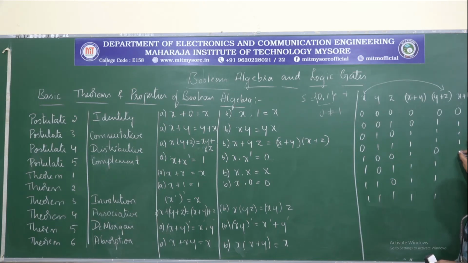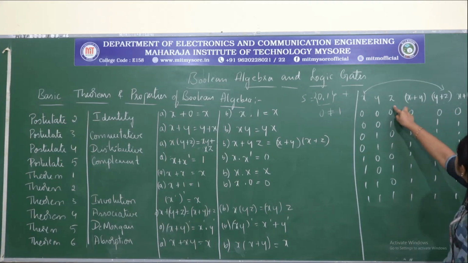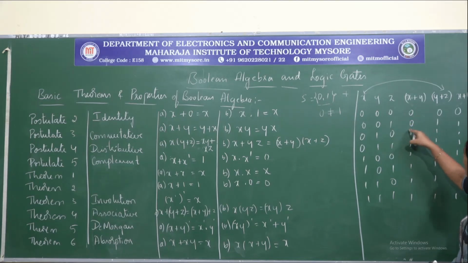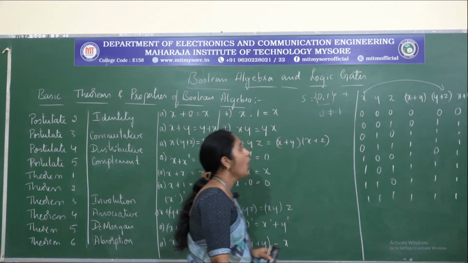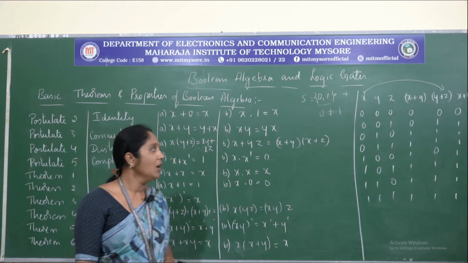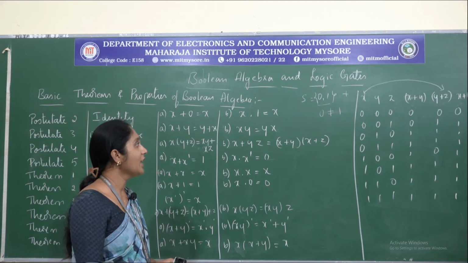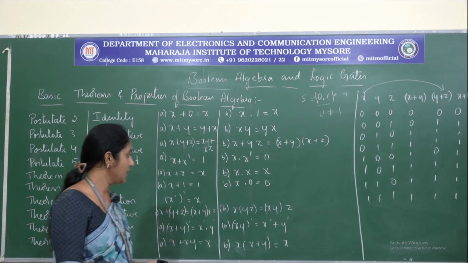Next after 4 entries, we have 0 or 1, so 1 1 1 1, and the last one x plus y plus z is 0 0 first, 0 or 0, next 1 or 0 is 1, 1 or 0 is 1, 1 1, 1 or 1 is 1, 1 or 0 is 1, 1 1 1. If you check the last 2 column entries, they are equal. Therefore we can say that this is the proof for the associative law.